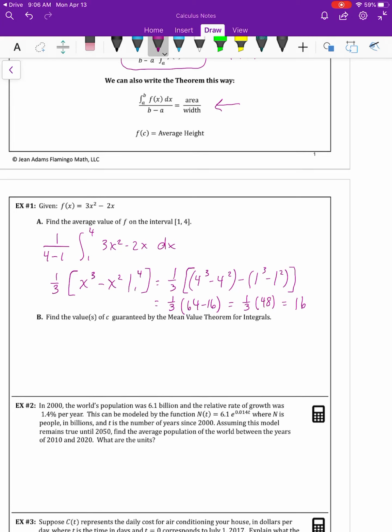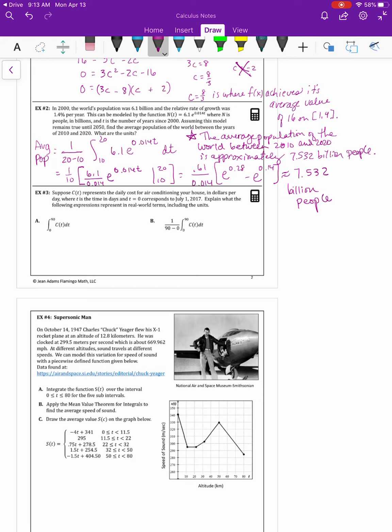All right, example number 3. Suppose C of t represents the daily cost for air conditioning your home in dollars per day, where t is the time in days and t equals 0 corresponds to July 1st, 2017. Explain what the following expressions represent in real-world terms, including the units. So daily cost for air conditioning your house in dollars per day, and t is time in days.